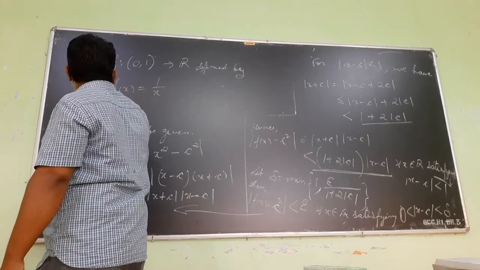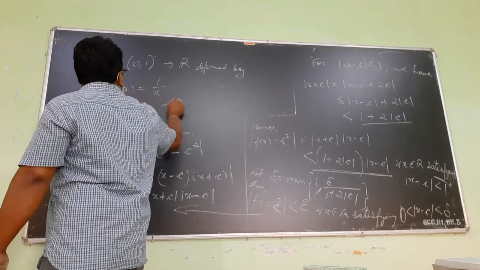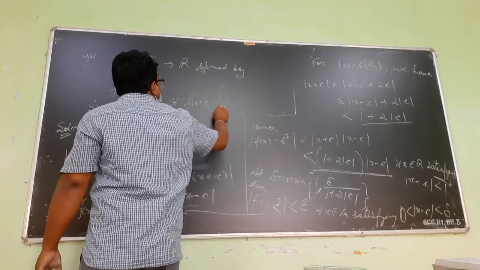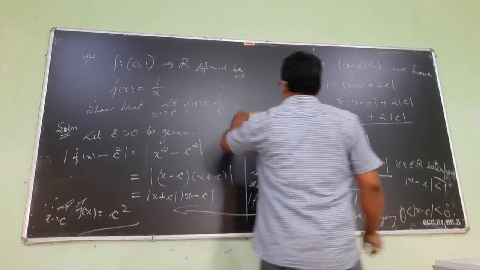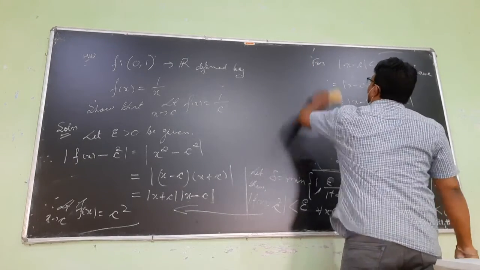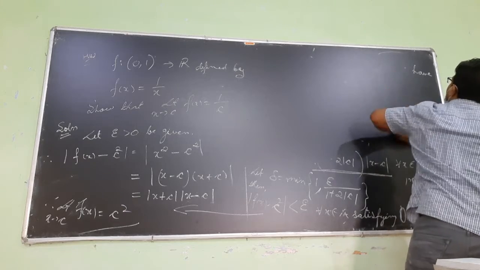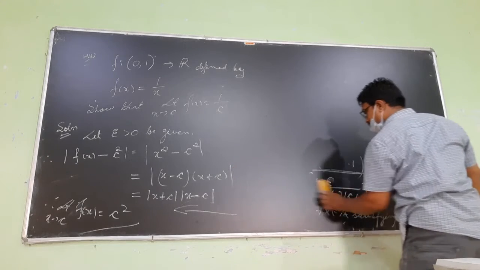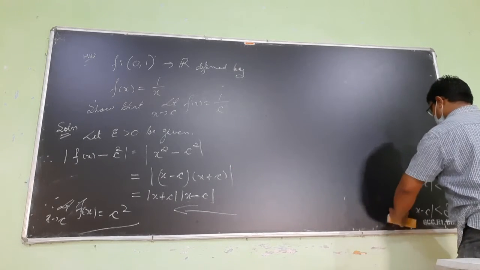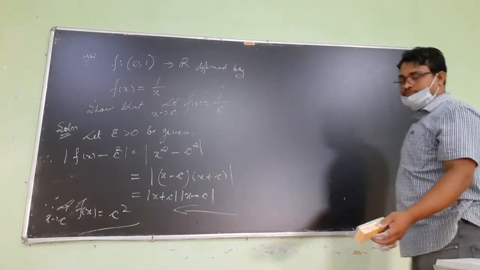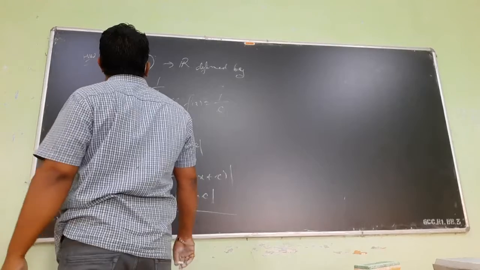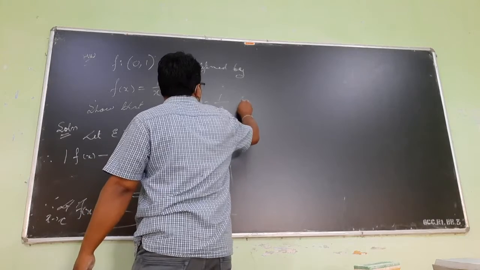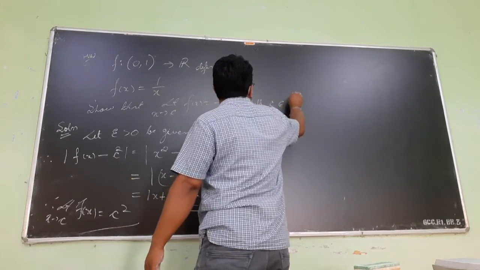Show that limit x tends to c of fx is equal to 1 by c, for c inside 0 1.